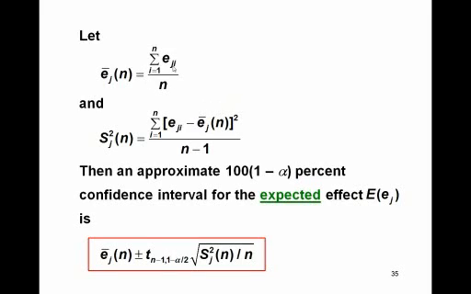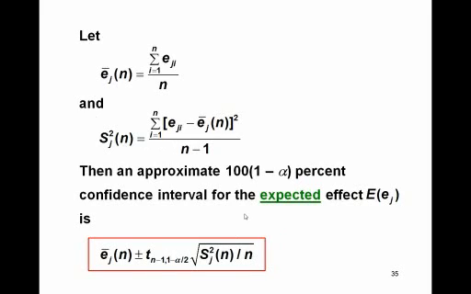Once again, we're looking at factor j, and i is the replication number, and we take the average effect of factor j across the n replications, the usual sample mean from statistics. In a similar manner, we can get the usual sample variance, given by that formula, where if you divide by n minus 1, you get an unbiased estimator.